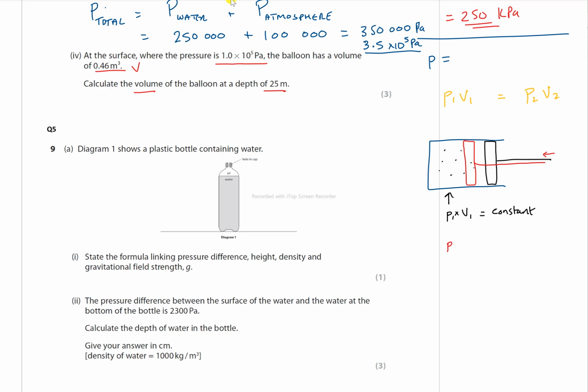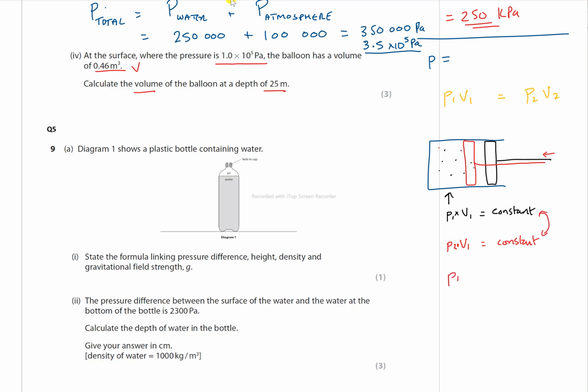Now for the second pressure, it's got a different pressure here because there's the same number of particles in a smaller volume. So you've got P1 times V1, and this is constant. And these two constants are the same.